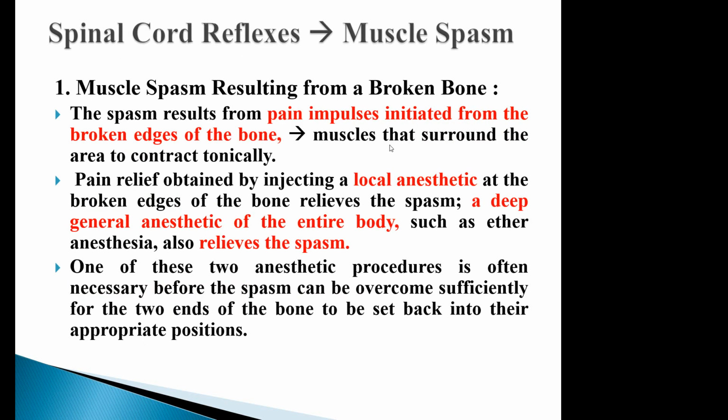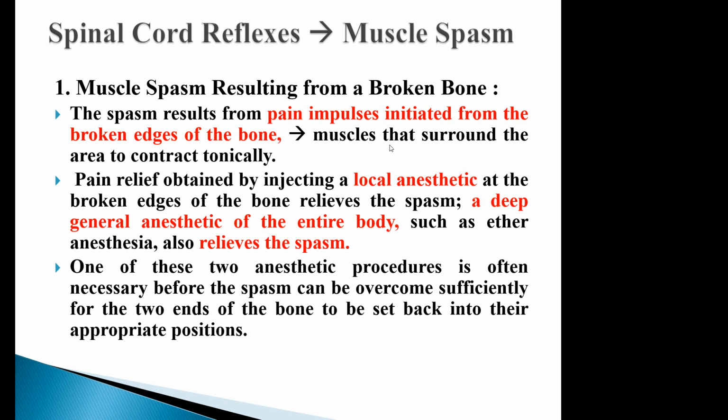Spinal cord reflexes: muscle spasm resulting from a broken bone. The spasm results from pain impulses initiated from the broken edges of the bone, causing muscles that surround the area to contract tonically. Pain relief obtained by injecting a local anesthetic at the broken edges of the bone relieves the spasm.